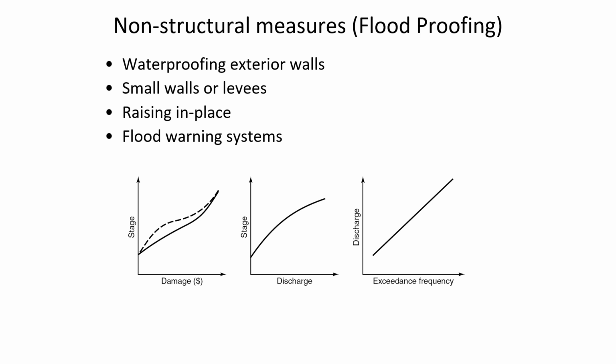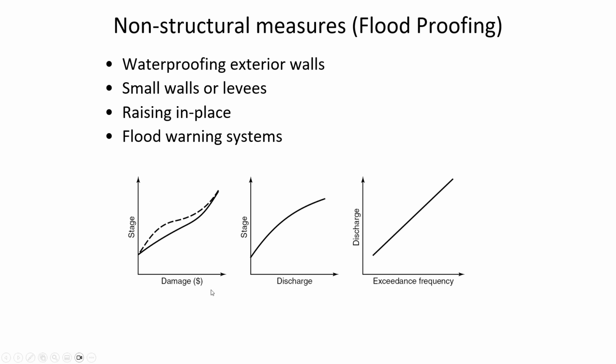You can reduce a lot of the damage through an improved flood warning system. It doesn't do anything having to do with the hydraulics or hydrology, but what it is doing is saying the water level can be higher before damage can occur. So this isn't saying more damage for a given stage. It's saying actually for a certain depth of water, instead of having $20 million worth of damage, you'd only have $10 million worth of damage, because people, due to the flood warning system, have moved cars out of the way, lifted their valuables up to the second story, or there are fewer buildings that are becoming inundated for a certain depth.